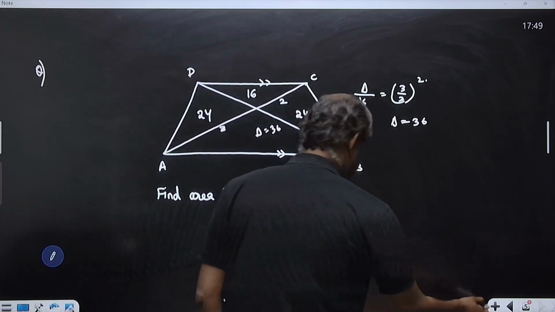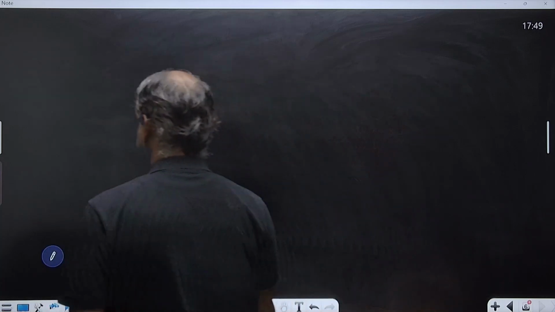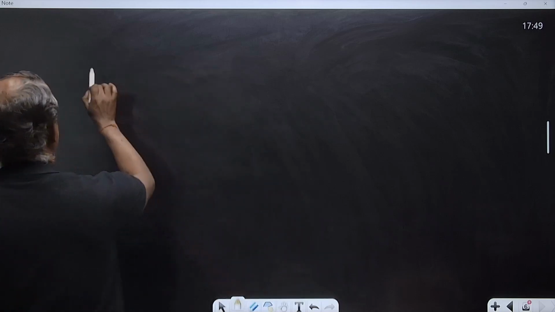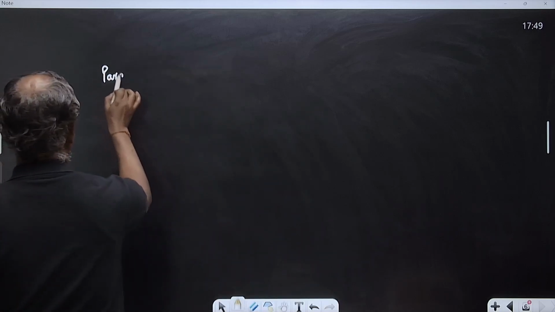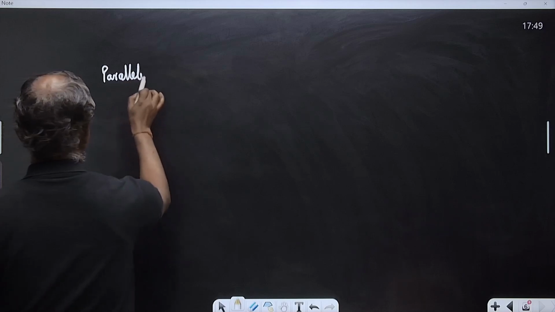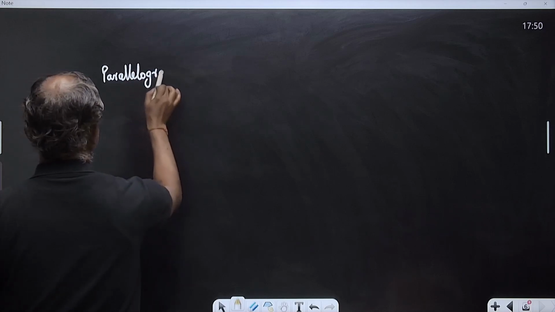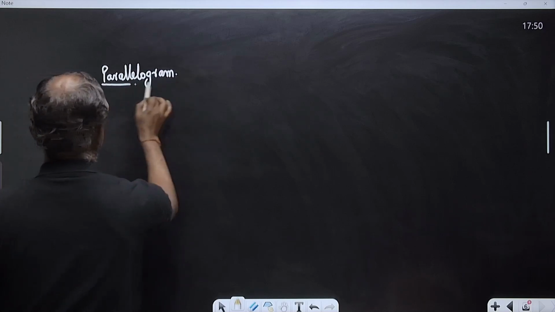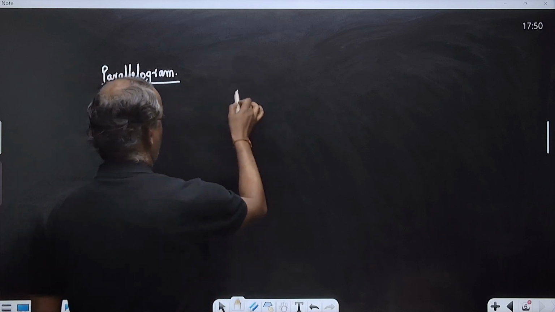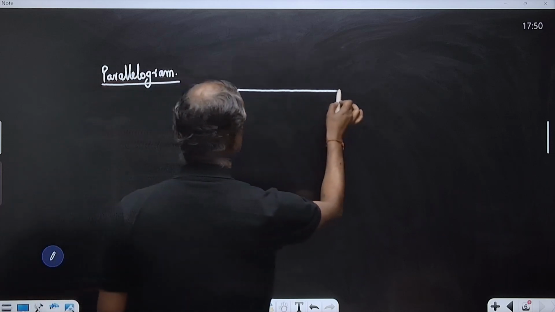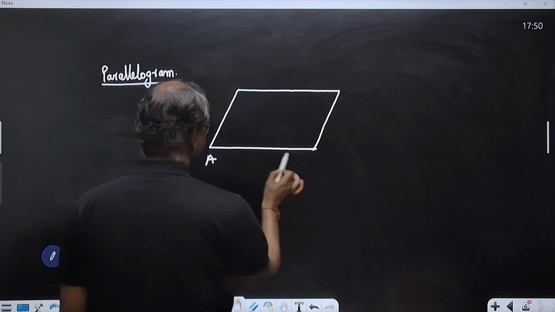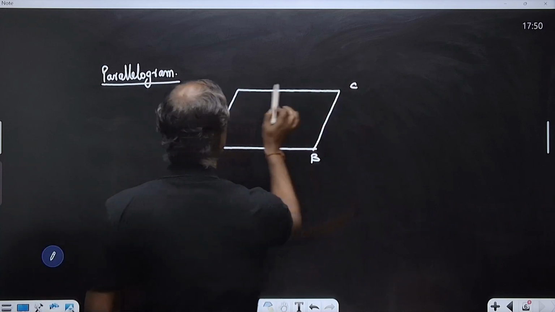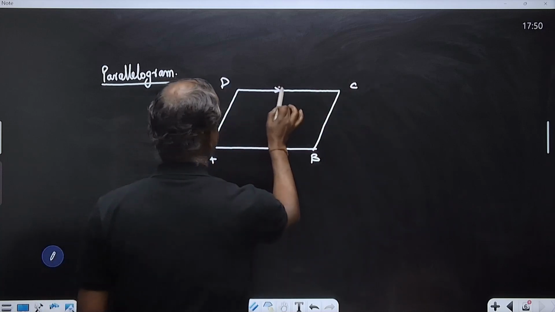Okay. Moving ahead, we have a parallelogram. What do you have in a parallelogram? Both pairs of sides are parallel. Special case of trapezium. Both pairs of sides are parallel.